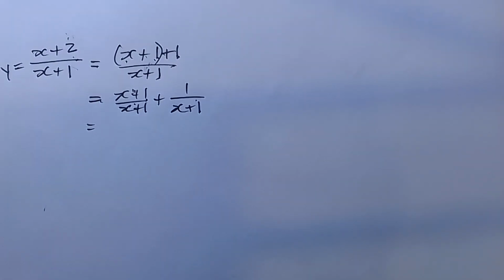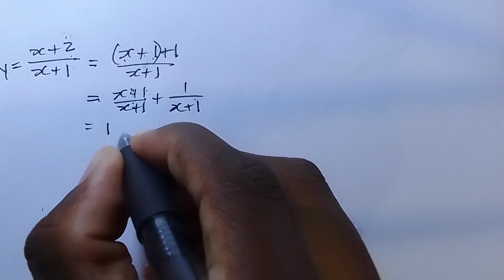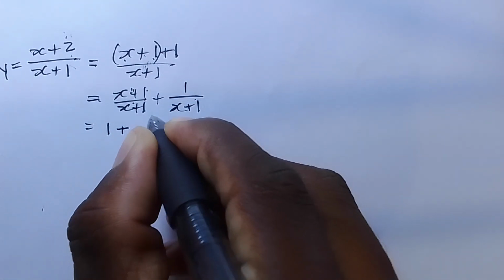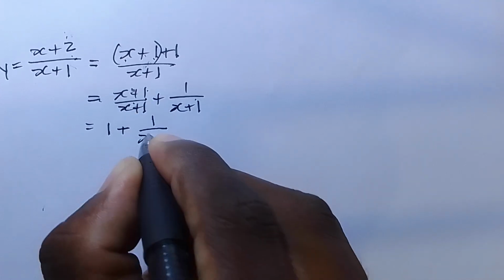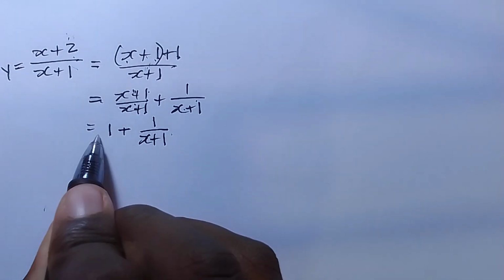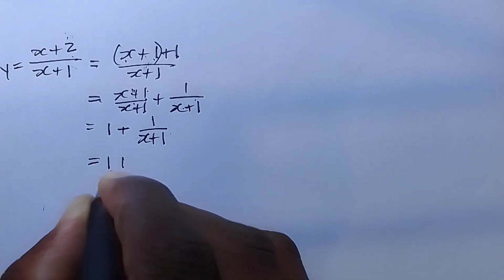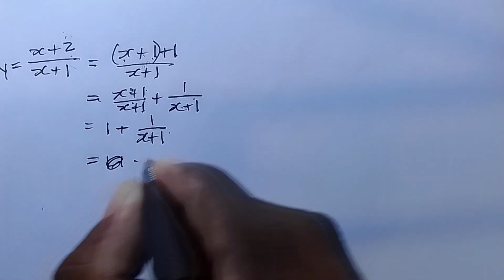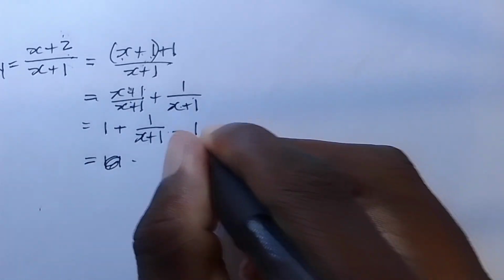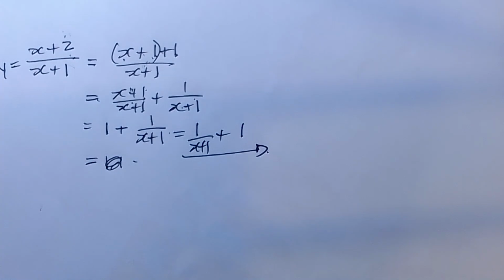This is going to be 1 because it's the same thing. It's the same thing over the same thing. I don't know if that makes sense. And then you have x plus 1, which is this one. Write this first and put the 1 on the other side. So you have 1 over x plus 1 plus 1. Okay.